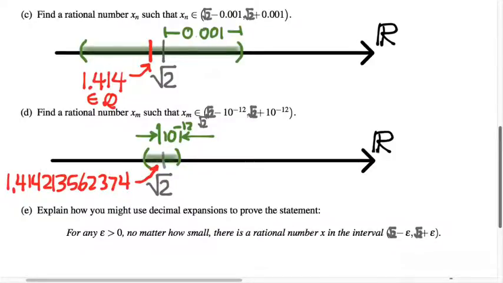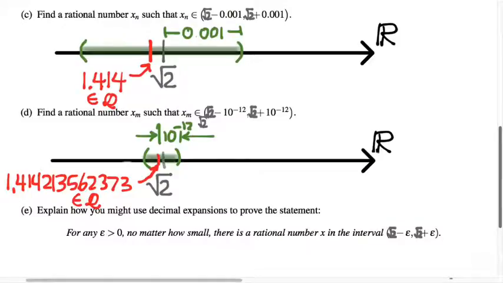Is it? They should both work. Yeah, there we go. So if we use 373, we get a number which is slightly less than the square root of 2. If we use 374, we get a number slightly greater. But the point is that it's also rational because the decimal expansion stops. The decimal expansion terminates, right?